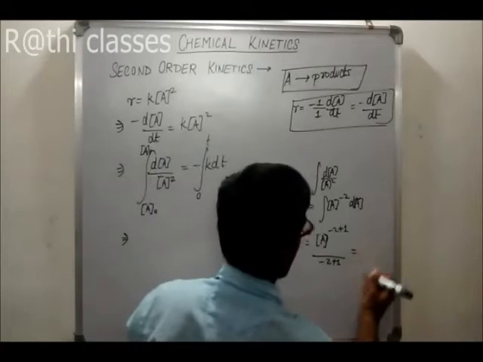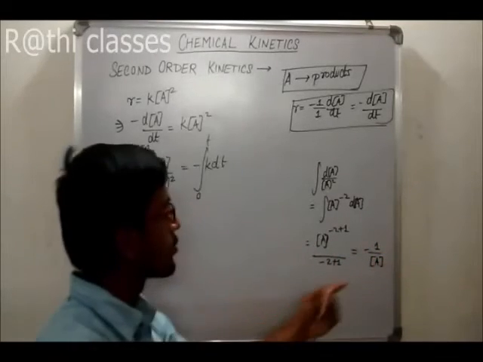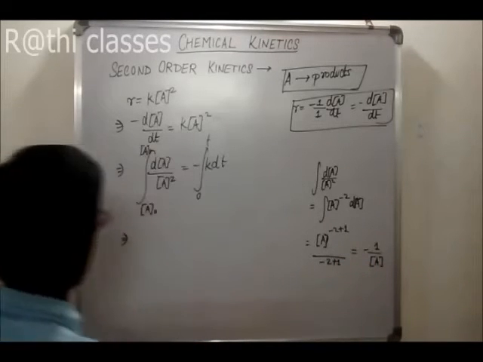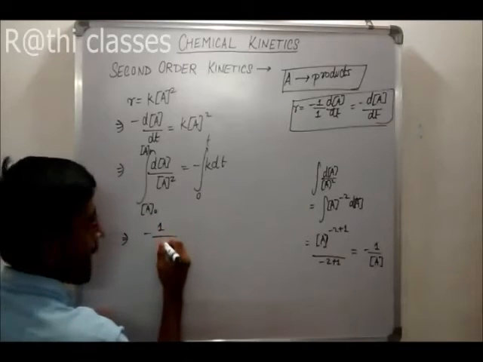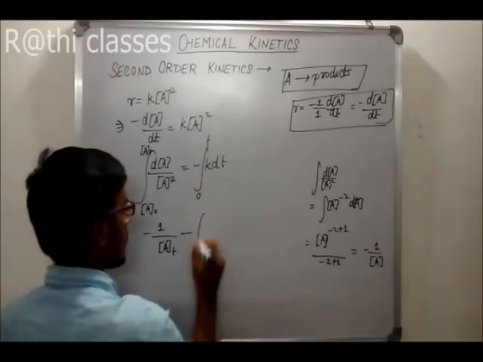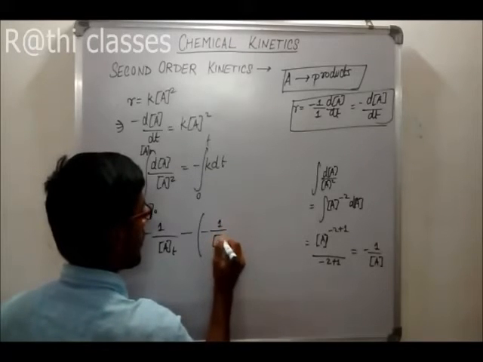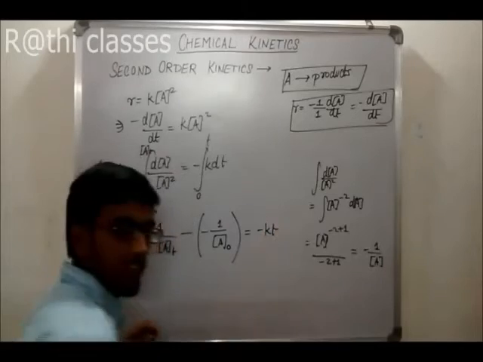So it will be minus 1 upon A. After putting the limits, I will get minus 1 upon At minus minus 1 upon A naught is equal to minus Kt.